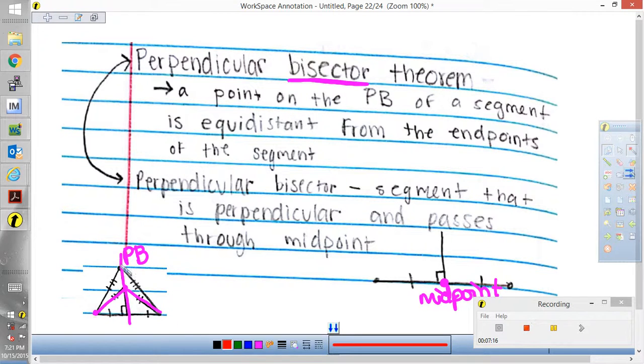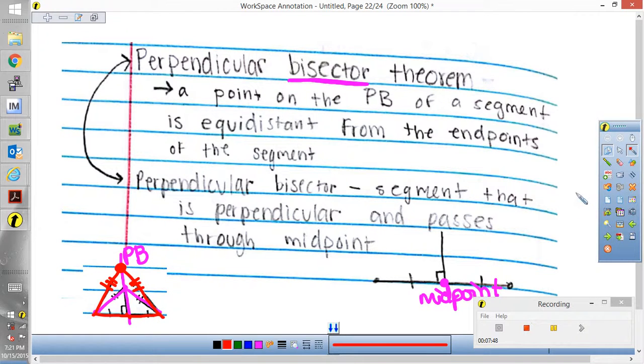Or if I put a point up top, this length will be the same as this length. That's the perpendicular bisector theorem, which applies very closely with isosceles triangles, because if I connect this red, I've made an isosceles triangle, because this has 3 marks and this has 3 marks. So we have an isosceles triangle here. What we can say then is that this is congruent to this, because this was the midpoint, the perpendicular bisector.